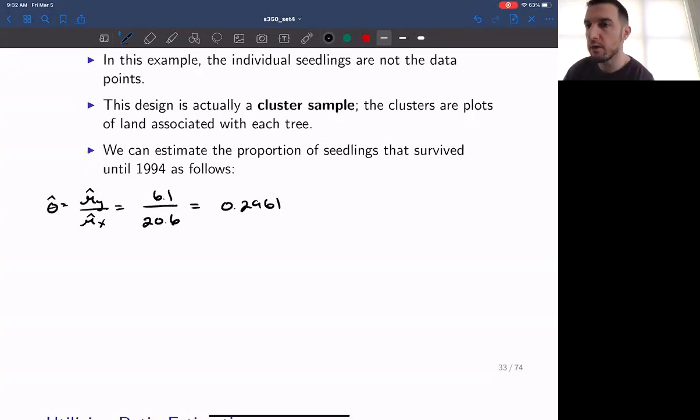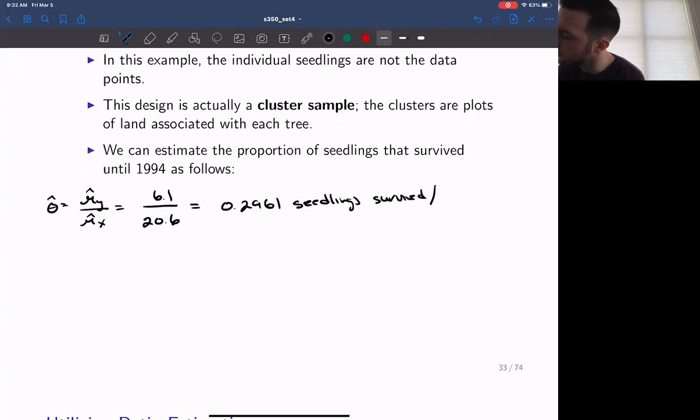And just to re-clarify the idea of the proportion versus the mean estimator: our ratio here is equal to 0.2961 seedlings survived divided over alive.